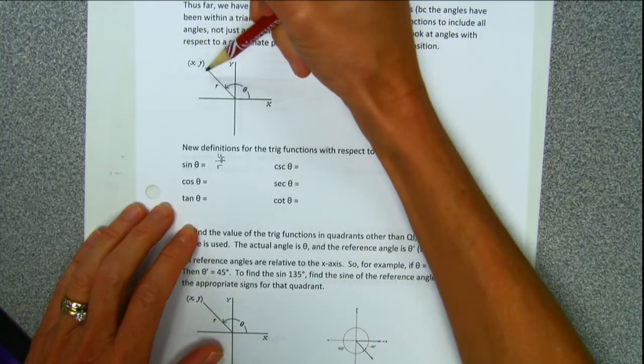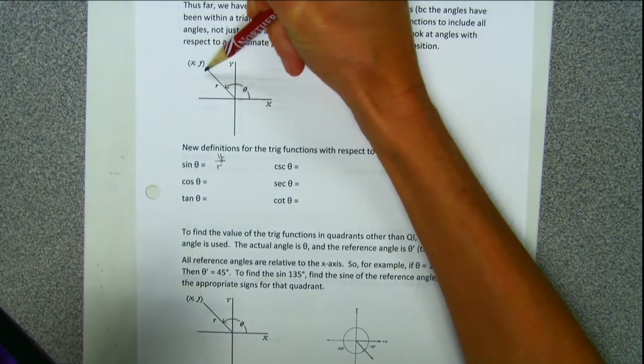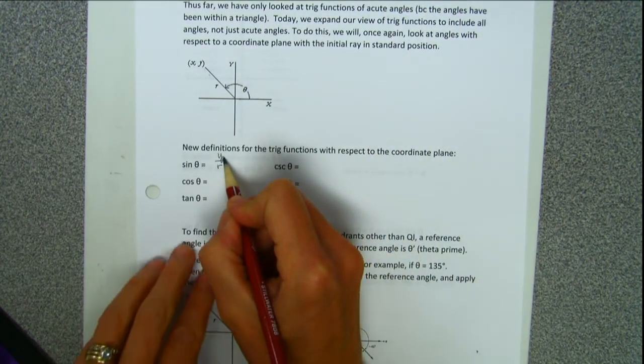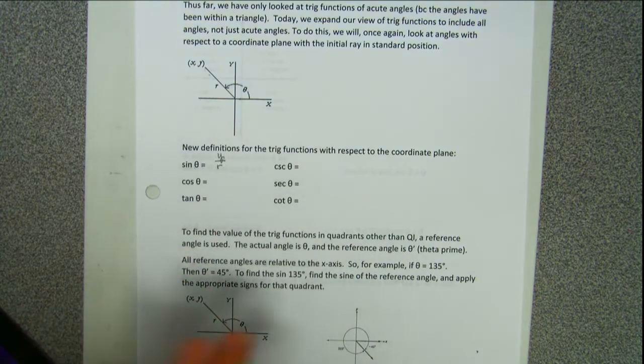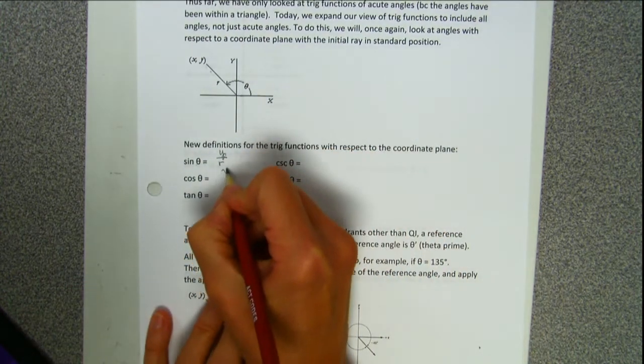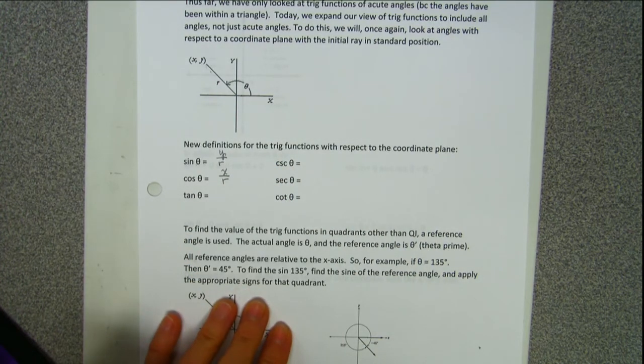So we're going to think in terms of r, where r, if you want to think of it kind of as a radius, will still be our hypotenuse. Y will still be our opposite, but we're going to change how we look at it in the other quadrants. Our cosine will be x over r, where r is again similar to the hypotenuse and x is similar to the adjacent.